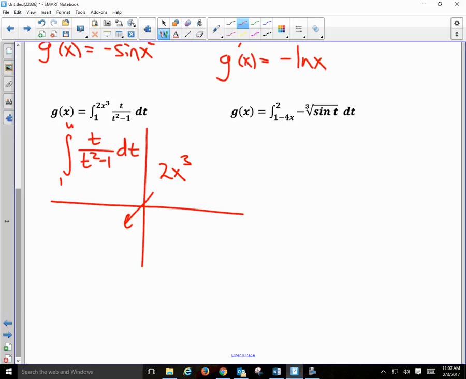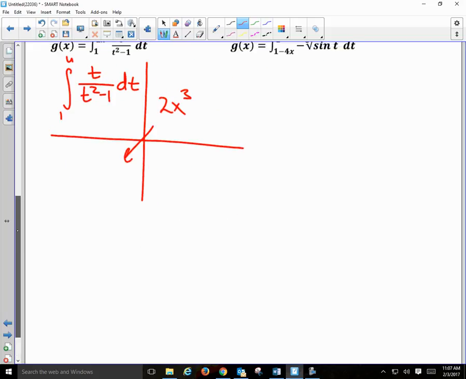So, on the AP exam, this would look like an extremely challenging question. The fact is, if we just set it up right, it's really not that bad at all. 2x to the third, what's the derivative? 6x squared. What's the derivative of this? Austin, you're right that you're going to leave this, but you have to plug this back in.